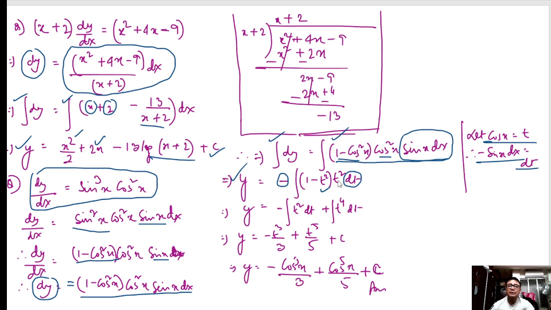Multiplying, it is actually t square minus t to the power 4. Now integrating separately, t square becomes t cube by 3 and t to the power 4 becomes t to the power 5 by 5. Now replacing the value of t in both cases, t cube becomes cos cube x and t to the power 5 becomes cos to the power 5 x. So this is the solution of this differential equation.